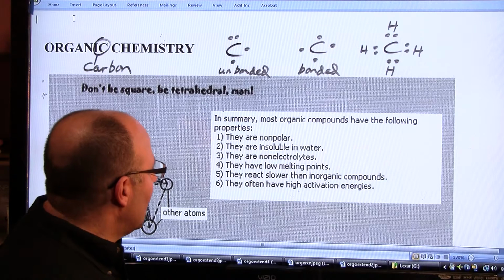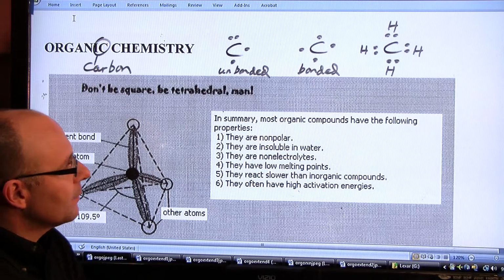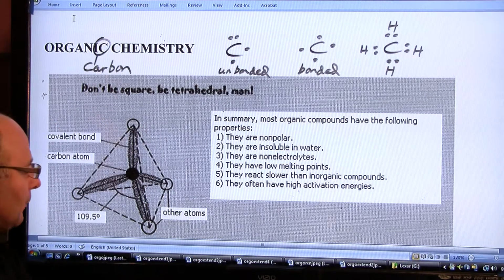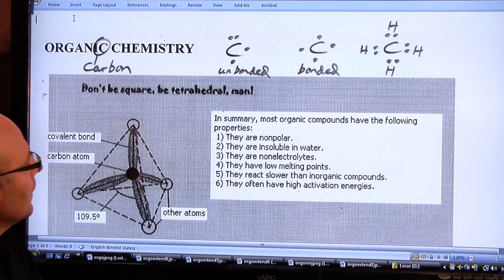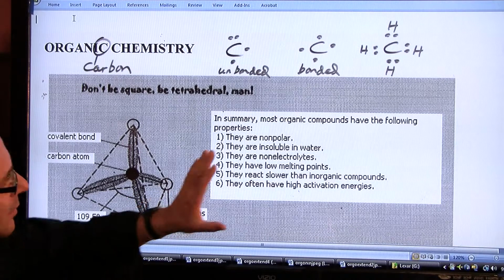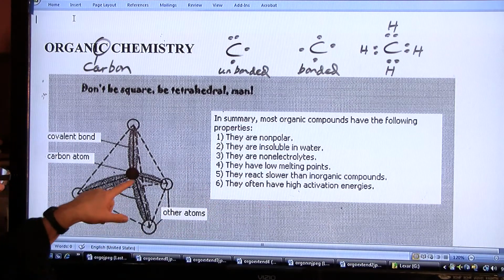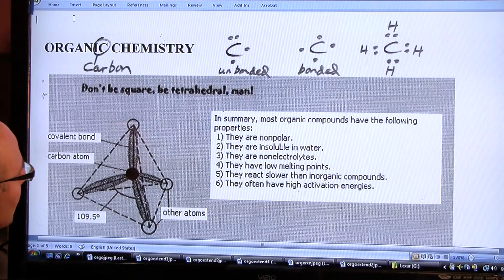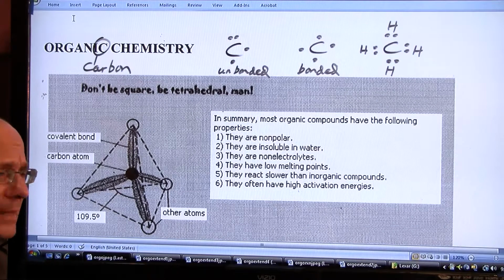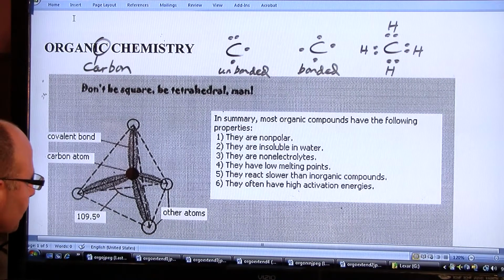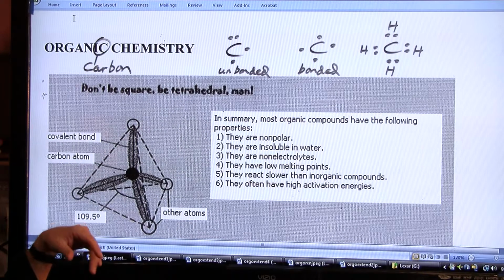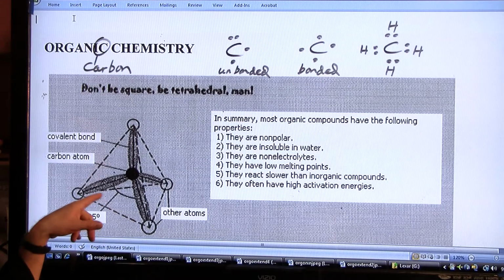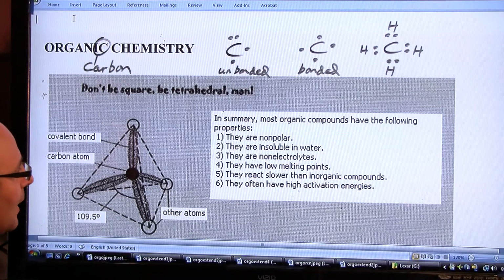But on the contrary, because of things you don't have to know about for the Regents, it turns out that CH4 doesn't have a square or flat shape. It actually has a tetrahedral shape. And you'll learn more about that in your AP Chem or College Chem course, how the electrons end up hybridizing, how the orbitals want to be as far away from each other as possible, all that stuff.